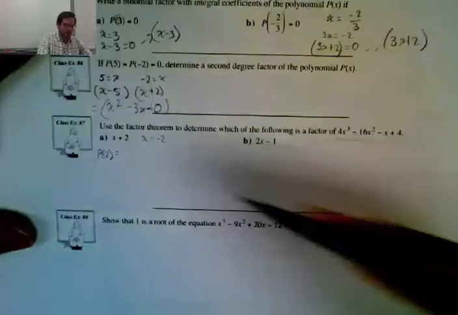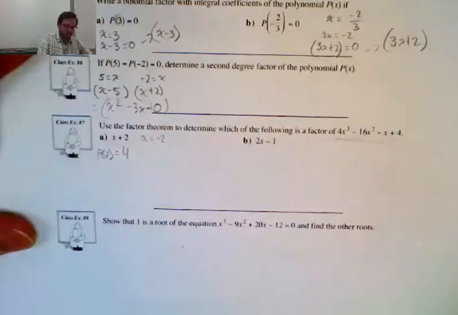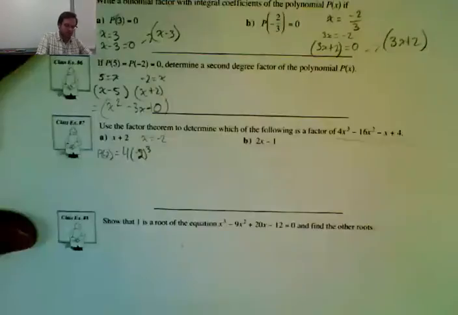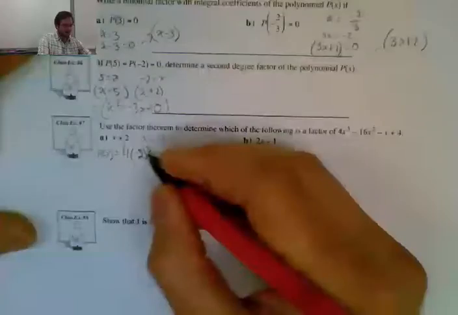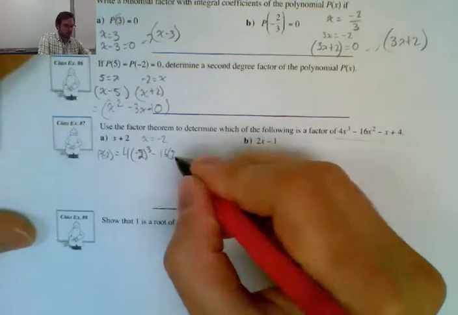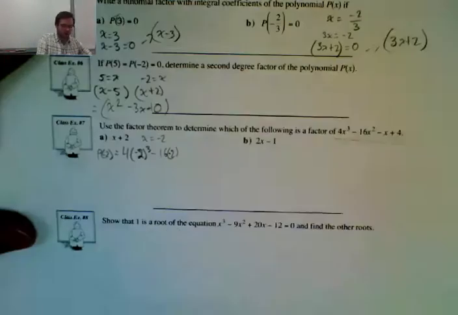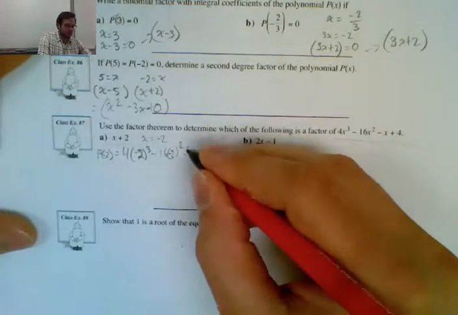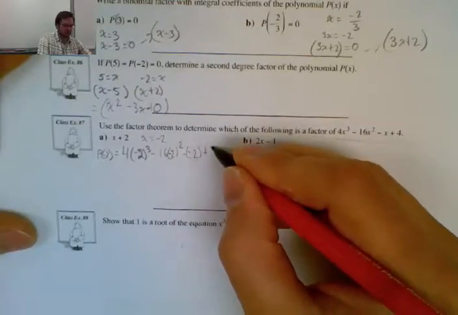That's going to be 4 times -2 to the power of 3, and we're going to subtract 16 times -2 squared, and we're going to minus -2 and plus 4.